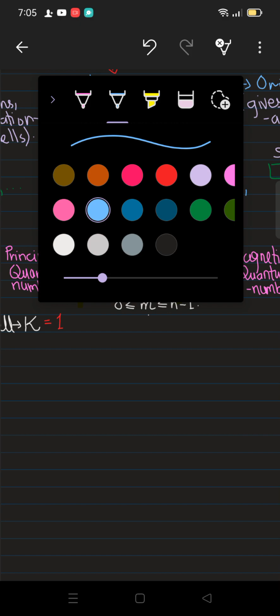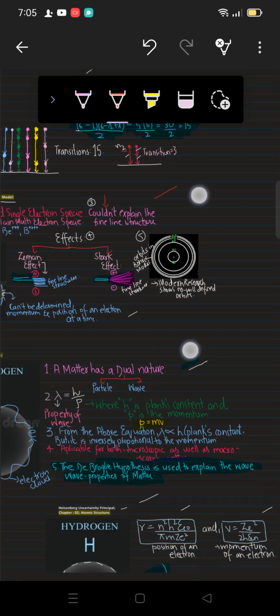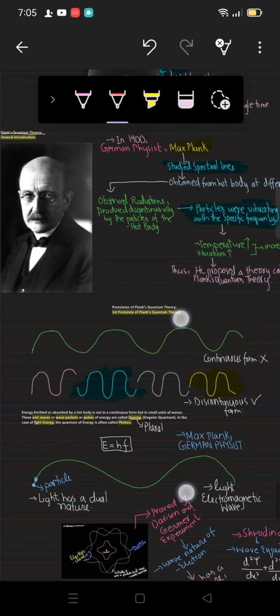It would be 0, because n minus 1, with n as 1, is 0, and the azimuthal quantum number starts with 0. So its value would be 0.